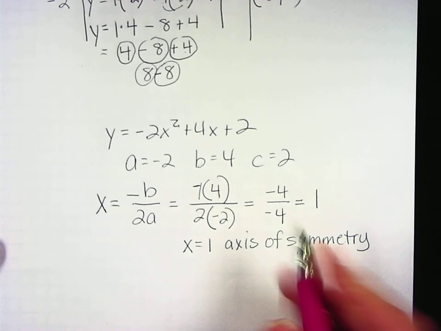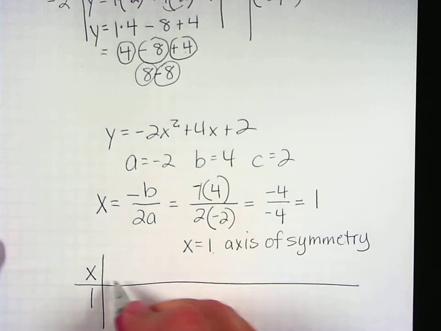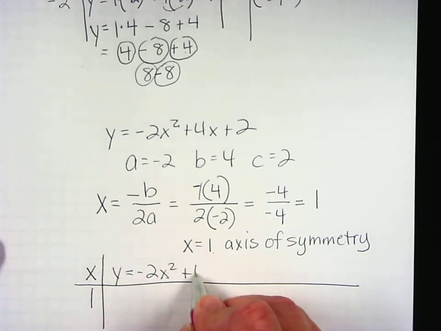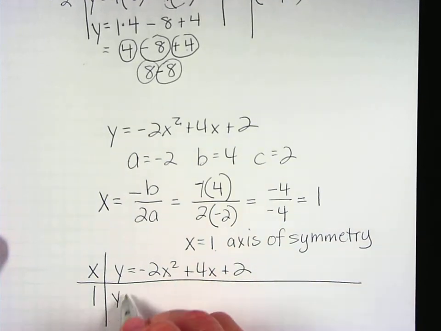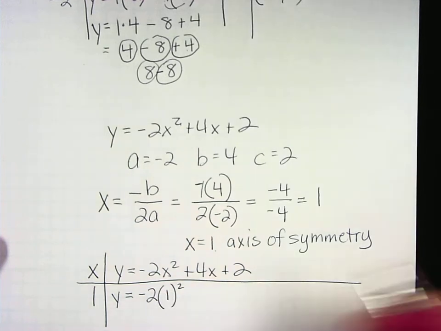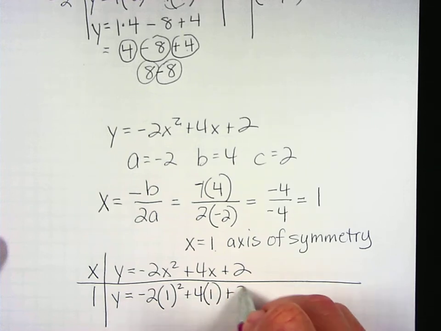Now I want to find my vertex, so I'm going to take the x value, that's my axis of symmetry, and plug it into my equation. Now again, this is really important. I have -2 times 1 squared plus 4 times 1 plus 2.